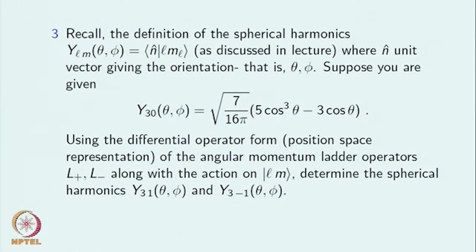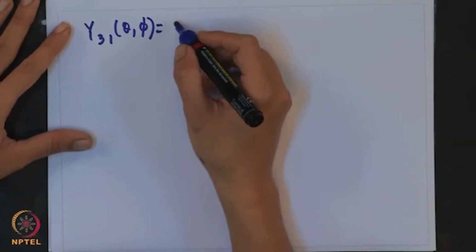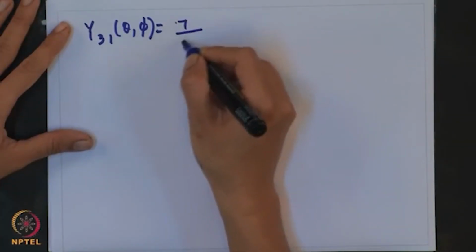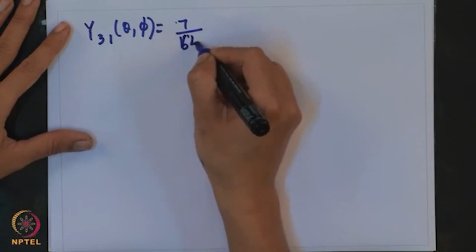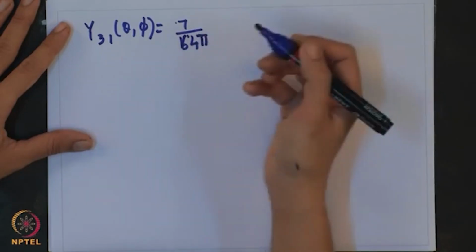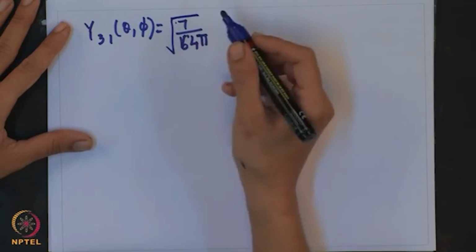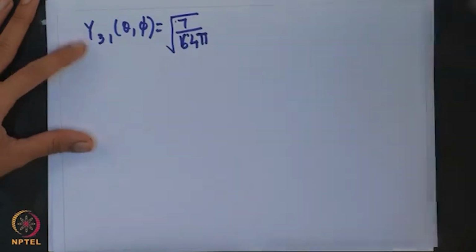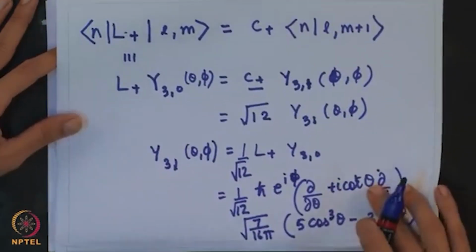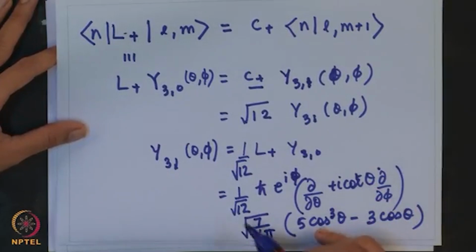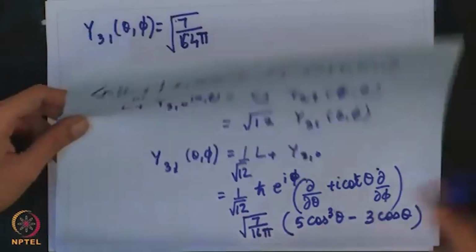Y31 theta phi would be square root of 7 by 64, because here we had 16 and square root of 12, and 7 by 16 pi.